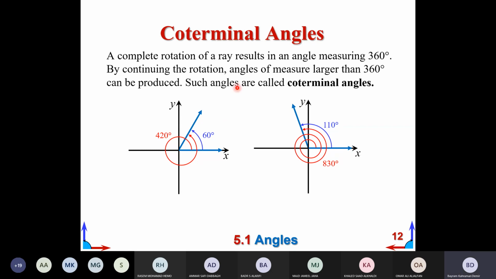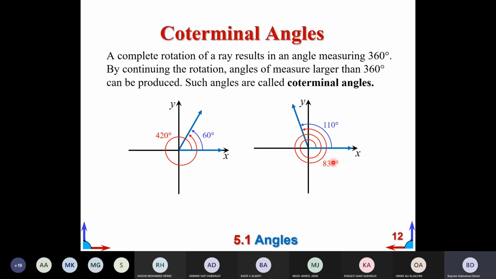For example, in the first picture, we have 60 degree and 420 degree. They are coterminal. How do we get 420? One full rotation is 360, and 360 plus 60 gives you 420. So 60 degree and 420 degree stop at the same terminal side. So they are coterminal.